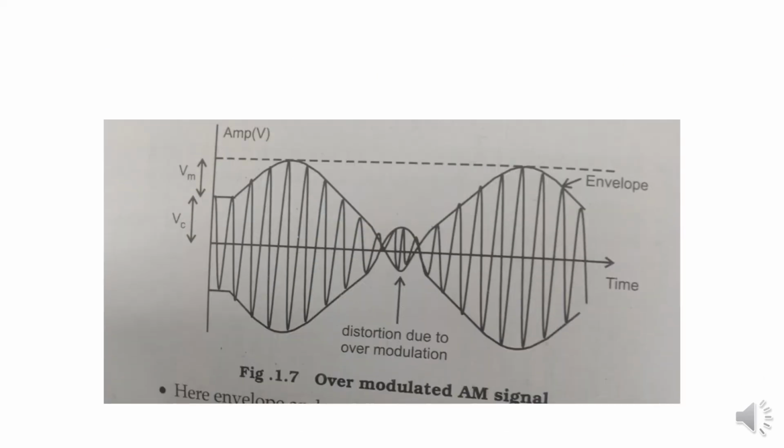In the over modulation diagram, in the center, the distortion occurs due to over modulation. The waveform crosses the zero axis, but has some distortion.